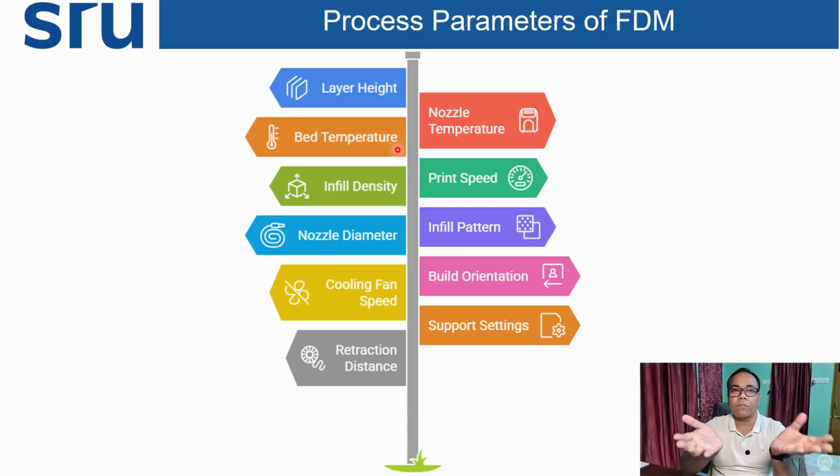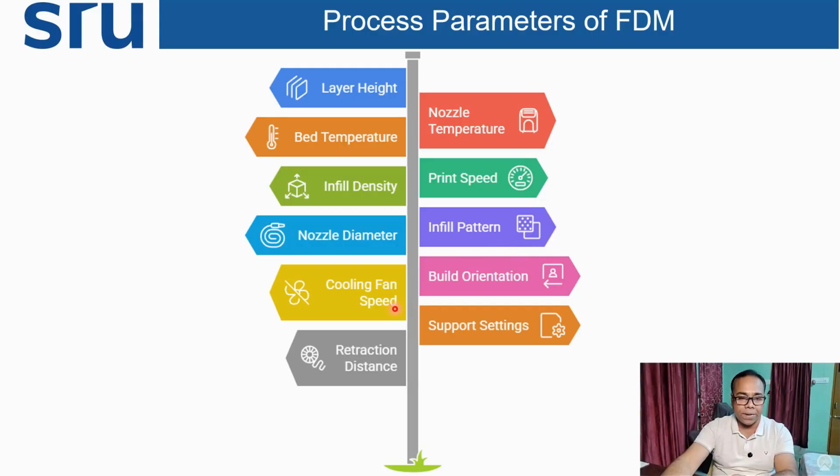Otherwise a solidification defect will come. Similarly, the nozzle diameter, then the printing speed, then the infill pattern. There are various kinds of patterns available. In the coming classes we'll also be discussing the infill density, infill pattern, and infill profile.